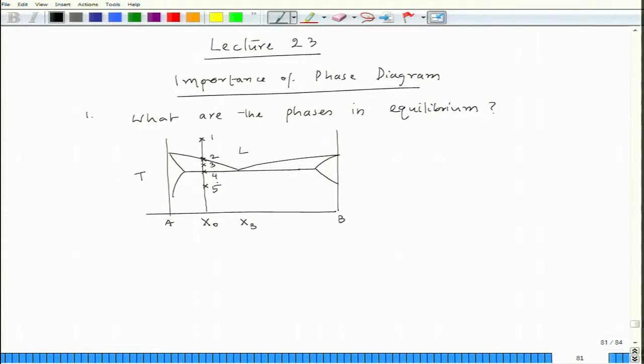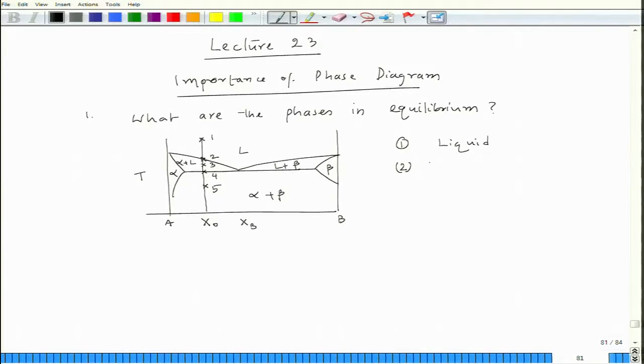Now, I need to look at what are the phases that would be in equilibrium. At 1, it is all liquid. At 2, this is the alpha phase, this is beta, this is alpha plus beta, this is alpha plus liquid, and this is liquid plus beta.